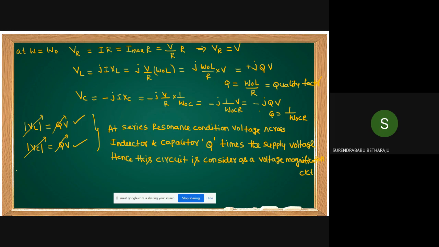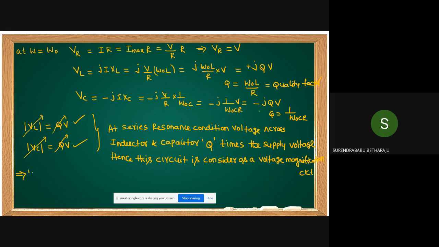And one more point to remember: under series resonance condition, the net impedance is minimum, current is maximum. That means it is accepting the maximum current. It is accepting the maximum current, hence it is also called an acceptor circuit.